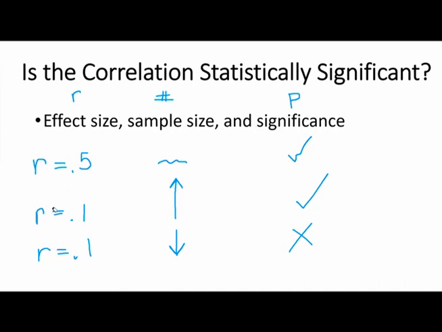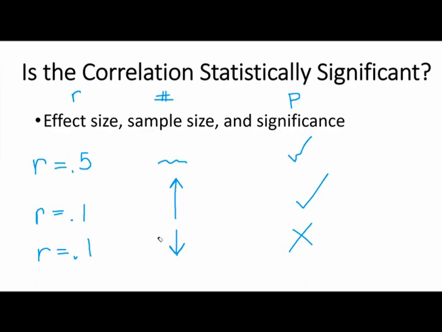But the idea here is if you have a large effect size, you're almost always going to have a significant indicator. So you're going to pretty much have a very small p-value for that, regardless of your sample size. But if you have a small effect size, we really care about our sample size because that's going to change whether something ends up being statistically significant or not.